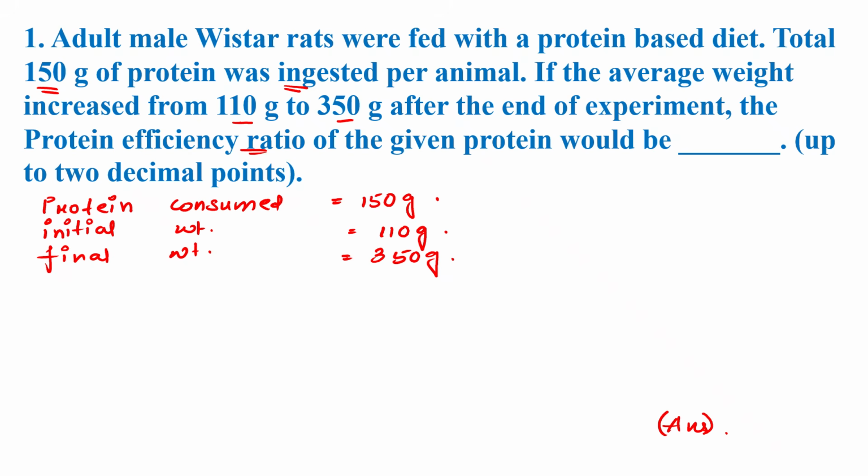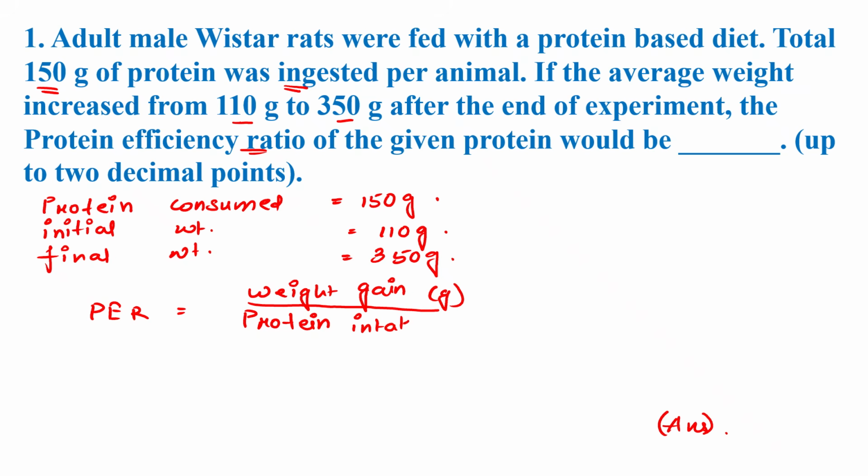It would be how much? We have to calculate it up to 2 decimal points. So protein efficiency ratio formula is weight gain in grams divided by protein intake, also in grams.